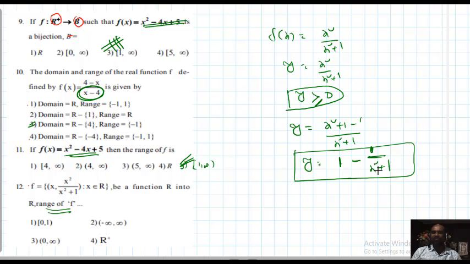So y is 1 minus a positive value, which means y is lesser than 1. Here y is never equal to 1. If y equals 1, this term should be 0, and this is never 0. That's the meaning of y lesser than 1. Here y is lesser than 1 and y is greater than or equal to 0. This directly says y belongs to closed 0 to open 1.